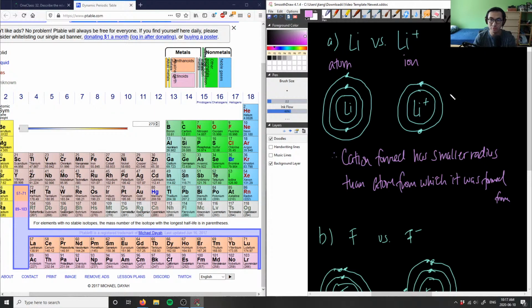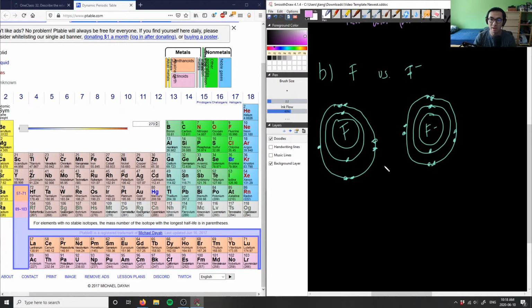So the cation is slightly smaller than the atom which it was formed from. And this here is the anion, so this one would be F minus.